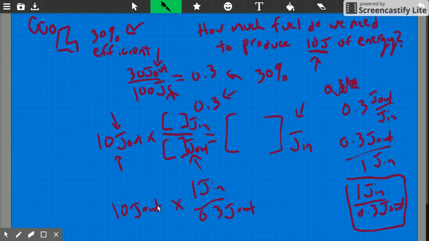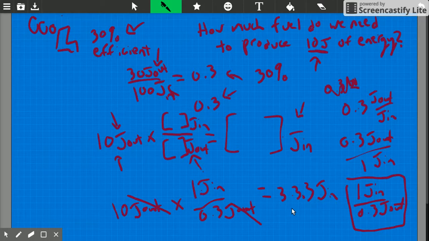This works beautifully because energy output cancels out with energy output. We're left with energy input. And by actually dividing these numbers out, we end up with like 3.33 joules of input fuel. I'm sorry, 33.3 joules of input. Hopefully my mental math is correct there. I think I got it the second time around.